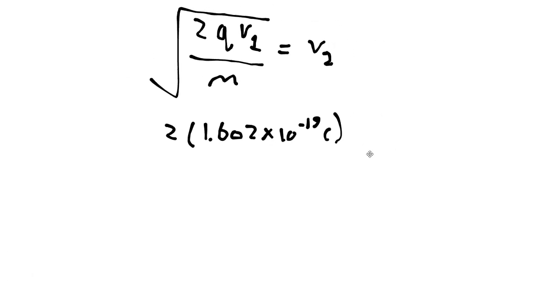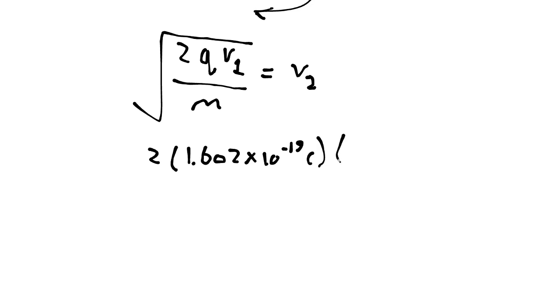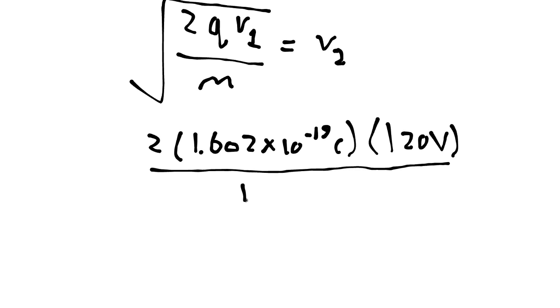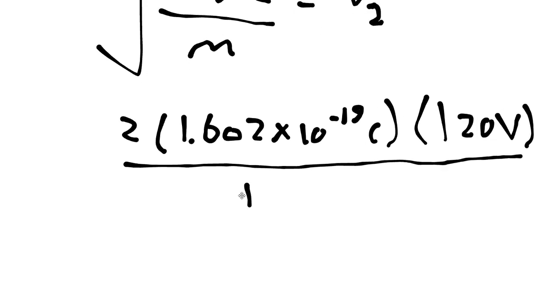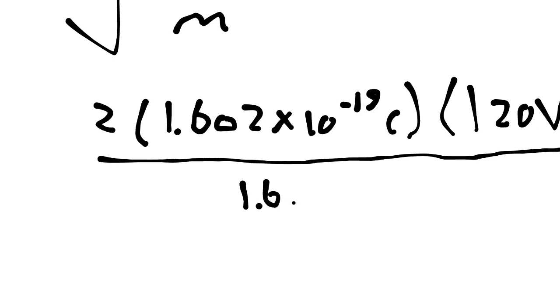And then the voltage is 120 volts. That's all going to be divided by the mass. Mass of the proton is 1.67 times 10 to the power of negative 27. That's kilograms. And then, of course, square root that.